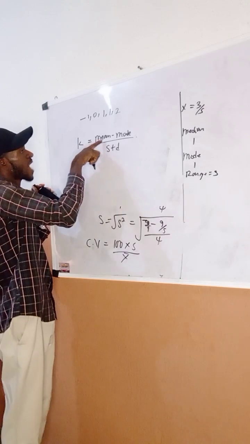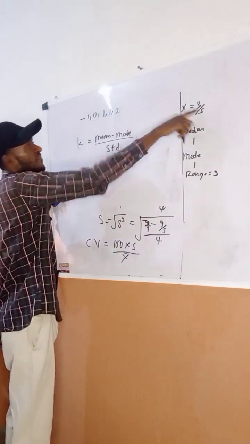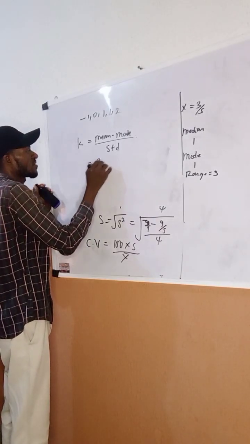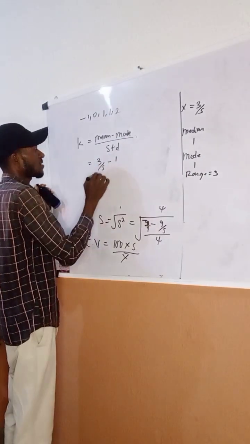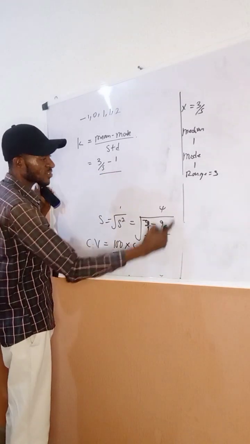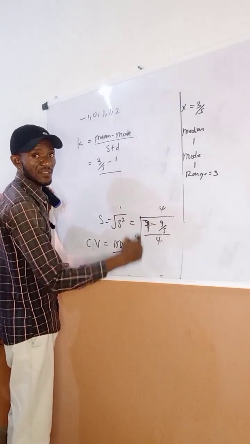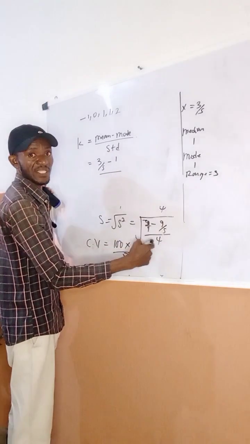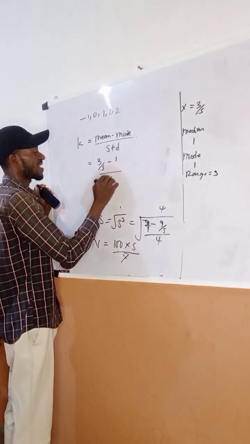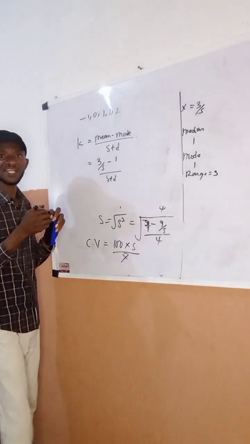Okay? Now, our mean is what? It is 3/5. So this becomes 3/5 minus. Our mode is what? 1, minus 1 all over our standard deviation, which is everything we are going to get here. So I now say my STD, which is the standard deviation.